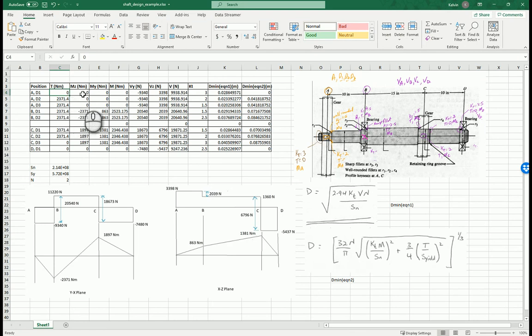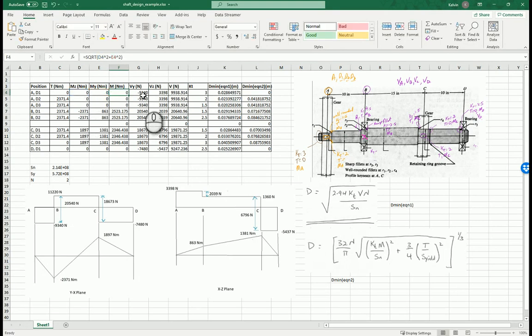For MZ, MZ is the bending moment in the XY plane. If you look at point A in the XY plane, the bending moment is 0. MY in the XZ plane is also 0. So M, which I asked you to calculate a couple of questions up, is actually the resultant, which is the square root of MZ squared plus MY squared.